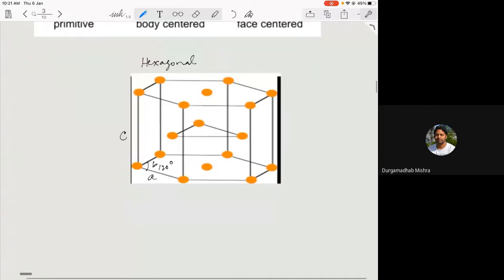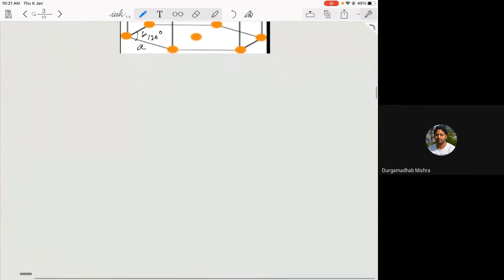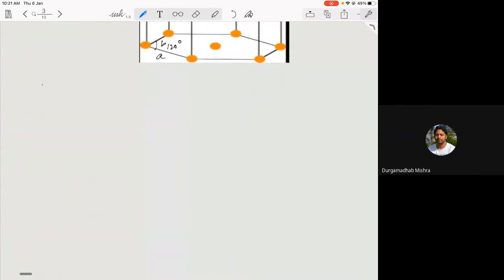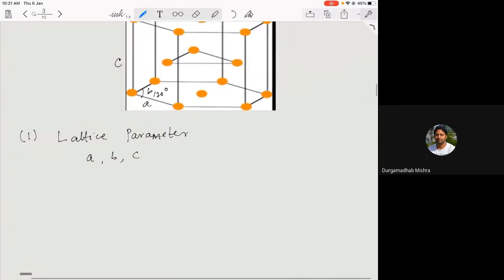So there are certain parameters normally we would use. The first parameter is what we call the lattice parameter. What is the lattice parameter? It means the values of A, B, C, which represent the unit cell, and the angles between these axes.